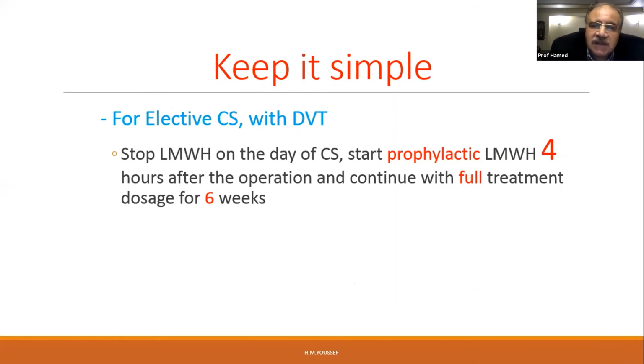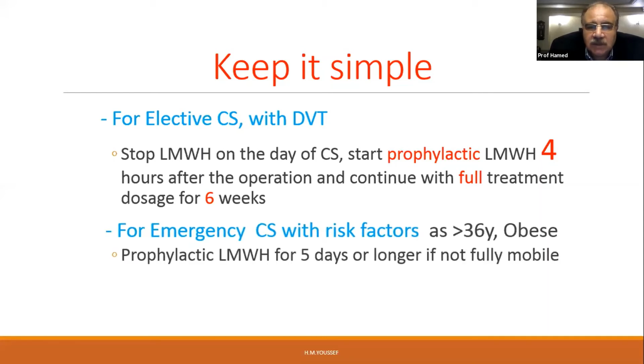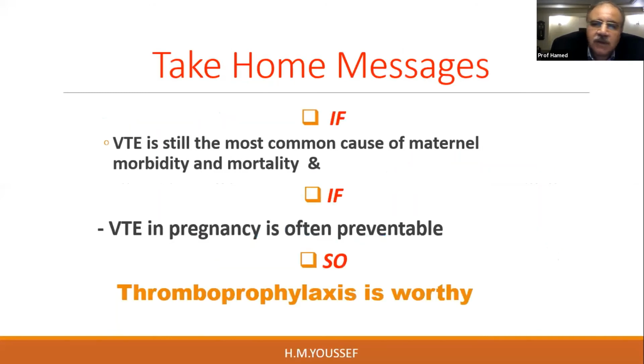For elective cesarean section, stop low molecular heparin on the day of CS and start low molecular heparin later on and continue for at least 6 weeks. For emergent cesarean section with increasing age after 36, and if it is not elective, you have to give at least 5 to 10 days of low molecular heparin.